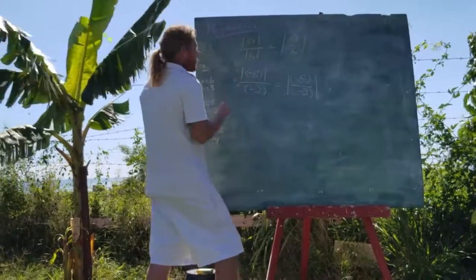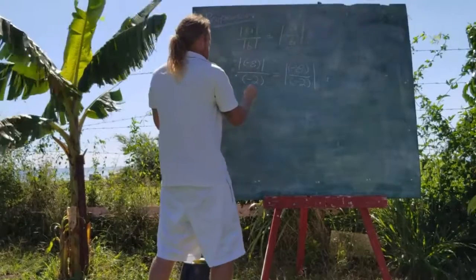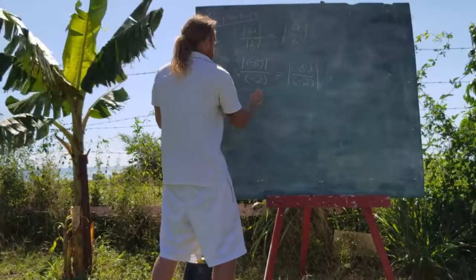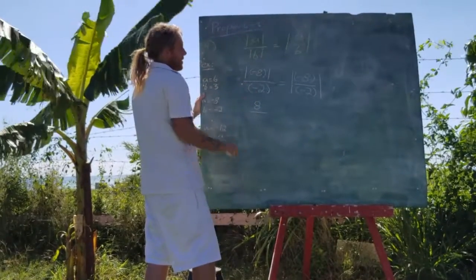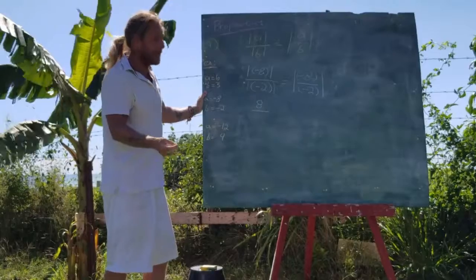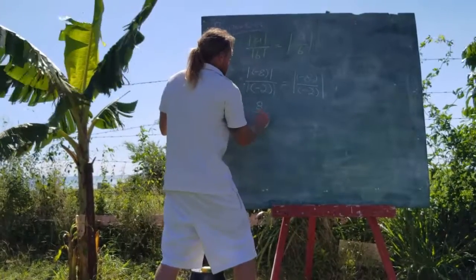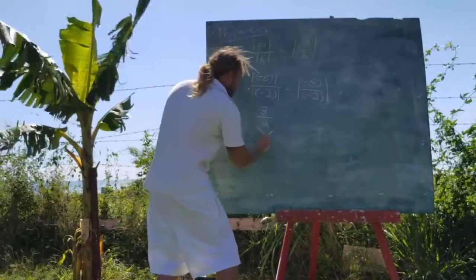So the absolute value of negative 8 is 8 over the absolute value of, I forgot my absolute value bars. The absolute value of negative 2 is positive 2. So we have 8 over 2, which is 4.